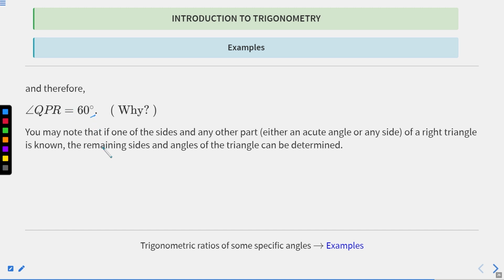Why? Because the sum of the angles of a triangle is angle A plus angle B plus angle C, and here angle B is 90 degrees.